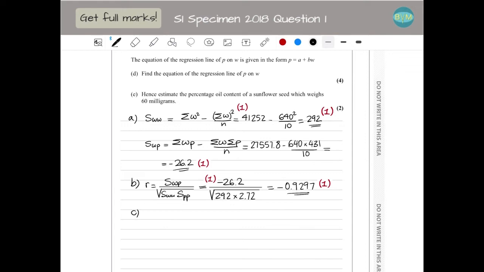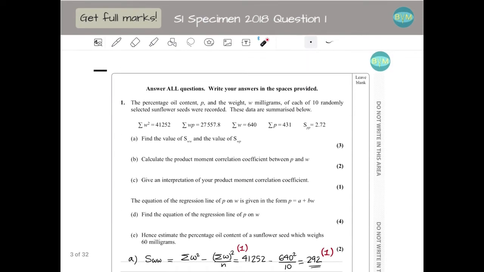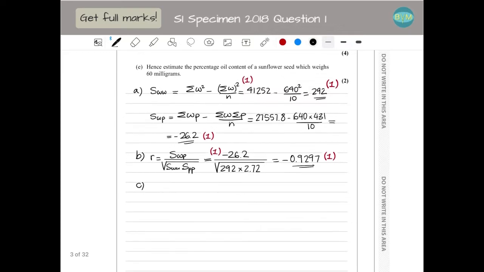So it means that you have to use what the letters mean. That means that when W, which is the independent variable, increases, P decreases, or that the more weight the seed has, the less percentage in oil it has. That's what you have to explain.